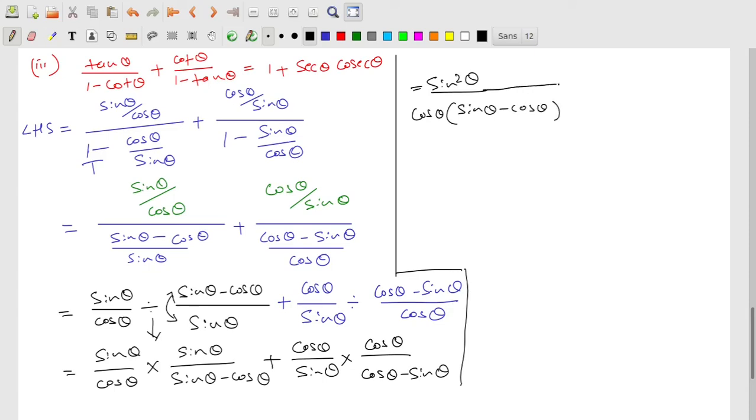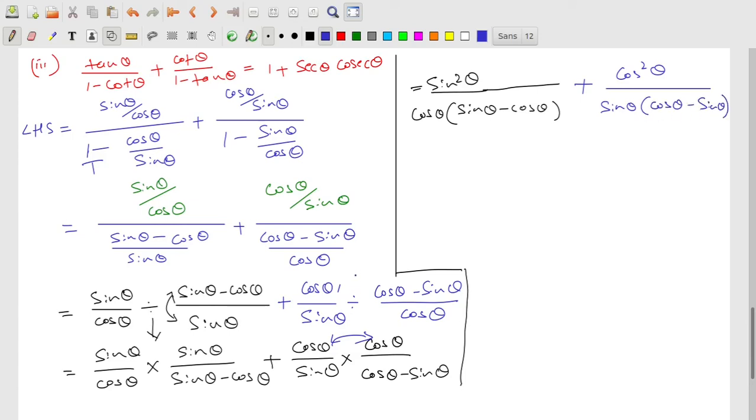So this is our first term, and in the second term you have plus cos theta into cos theta, cos square theta, and then in the denominator again the product sin theta into cos theta minus sin theta.